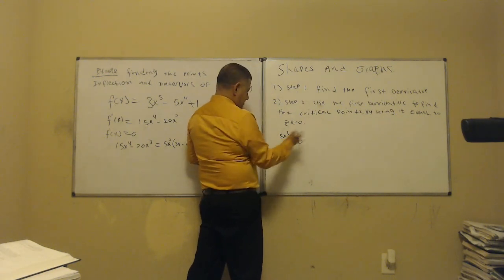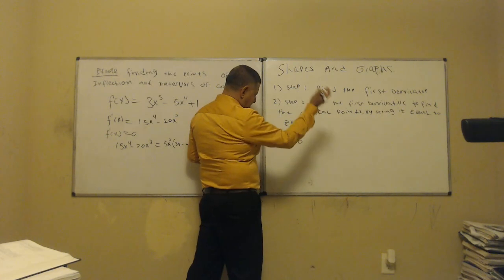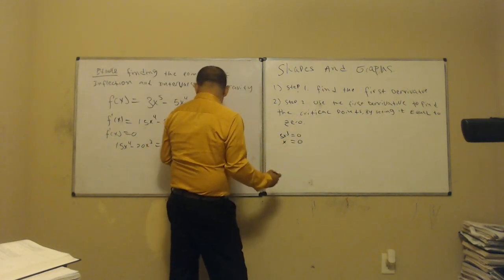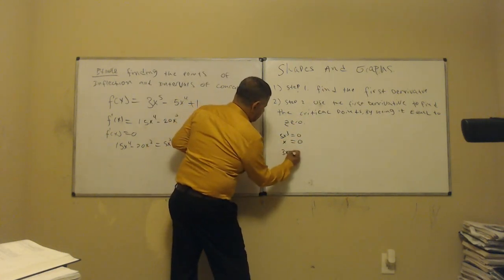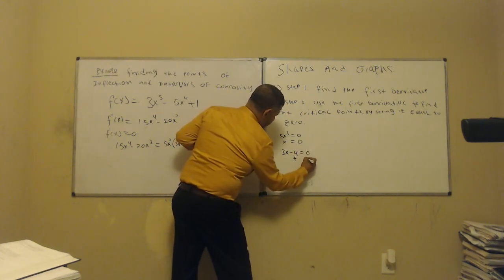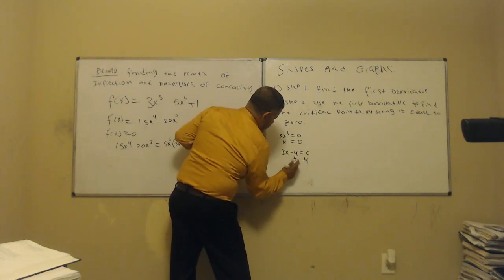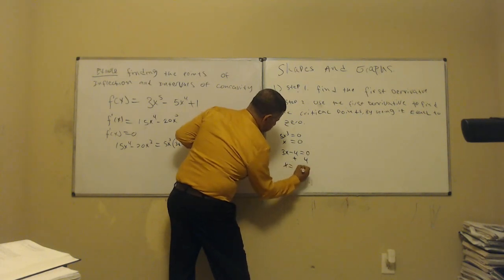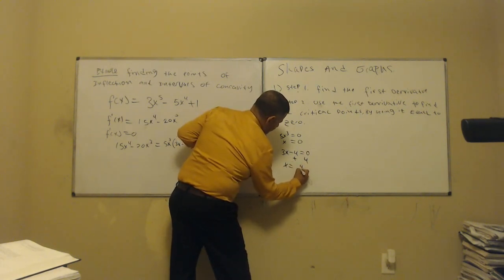And if 3x minus 4 equals 0, add 4 to both sides, and x is equal to 4/3.